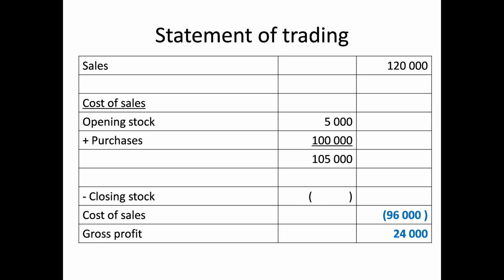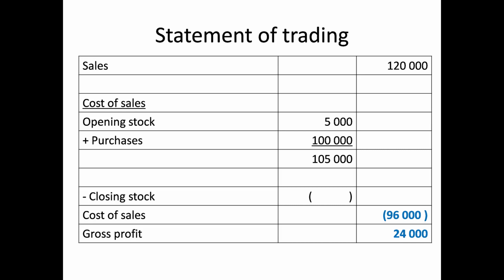How are we going to calculate the closing stock? You can see that the total of opening stock and purchases is 105,000. From that, when you deduct the closing stock, you will get the cost of sales as 96,000.